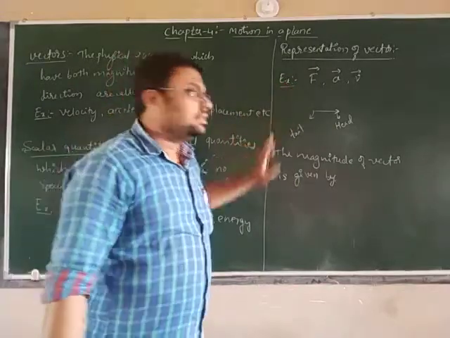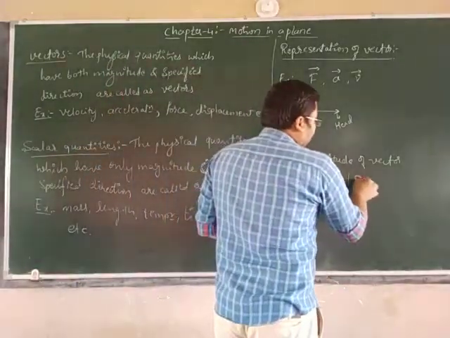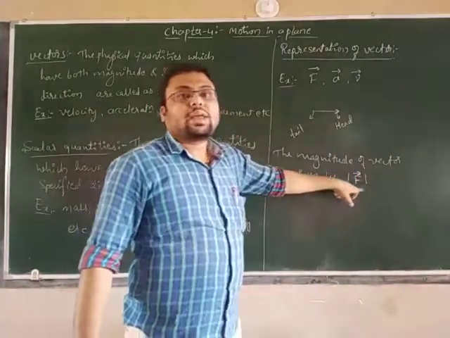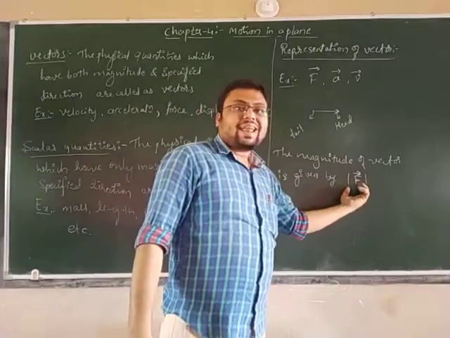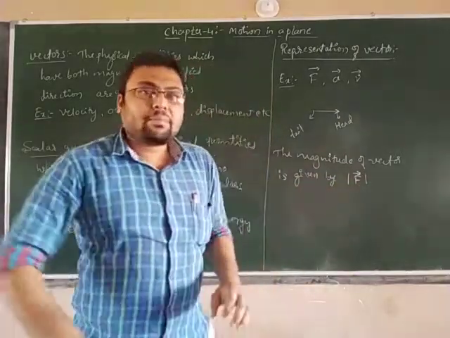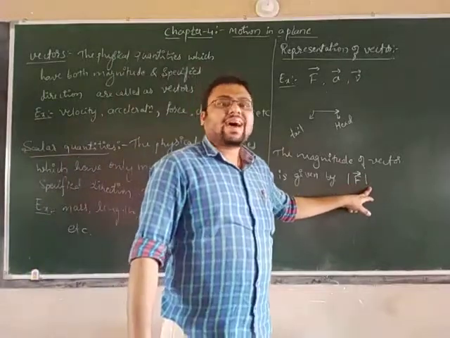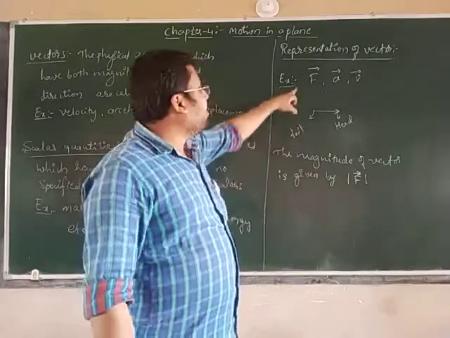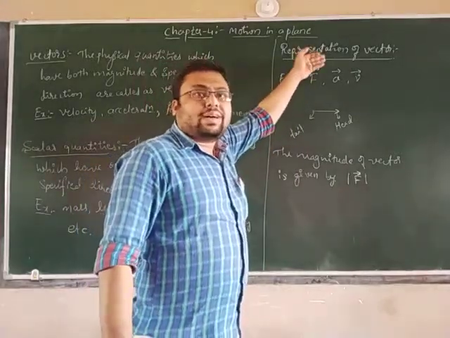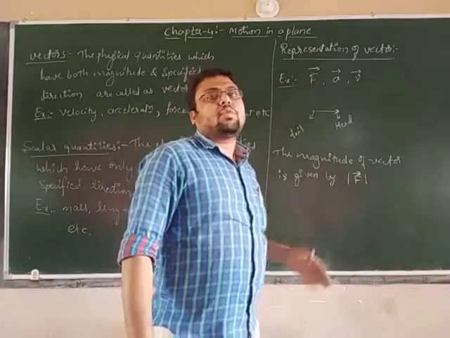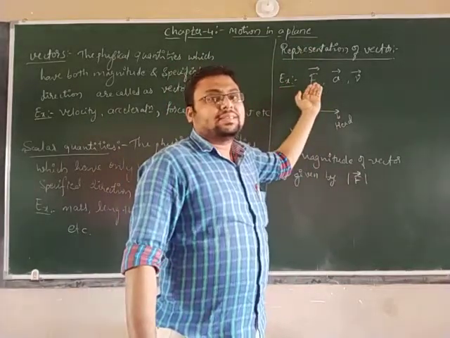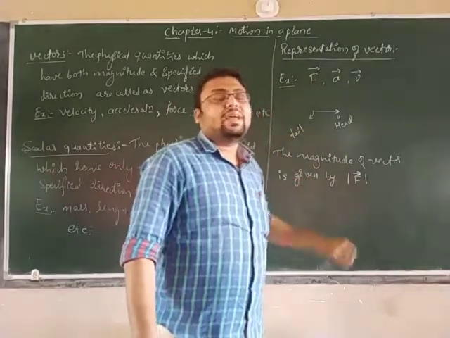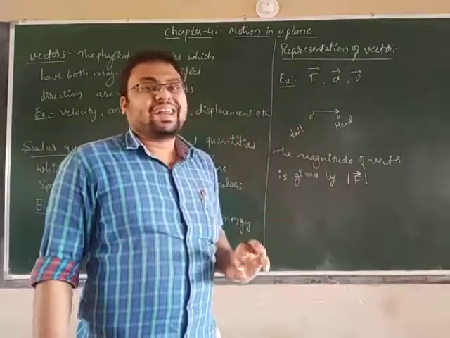Then it is given as the modulus of vector F. It indicates only the magnitude. It won't say anything about the direction. If you write F with an arrow mark, it includes both magnitude and direction, but the modulus of F says only the magnitude, no direction.